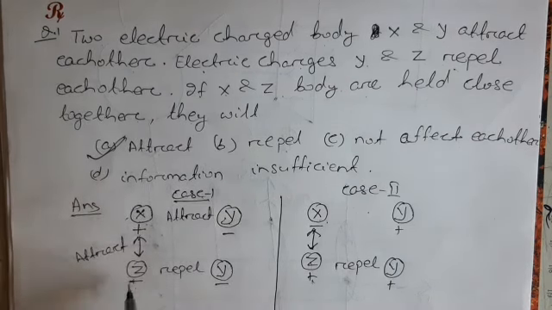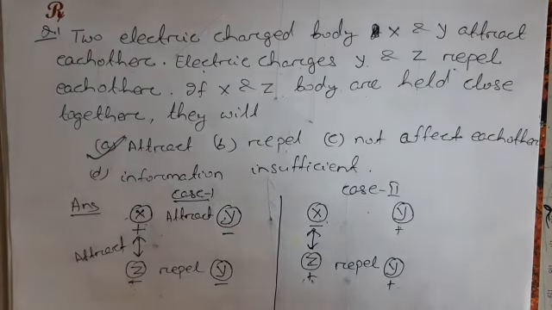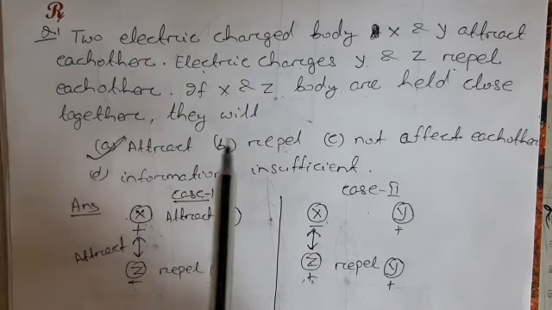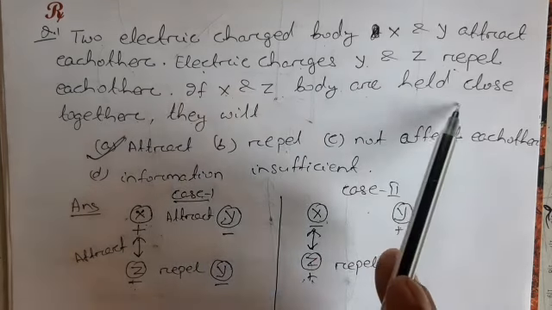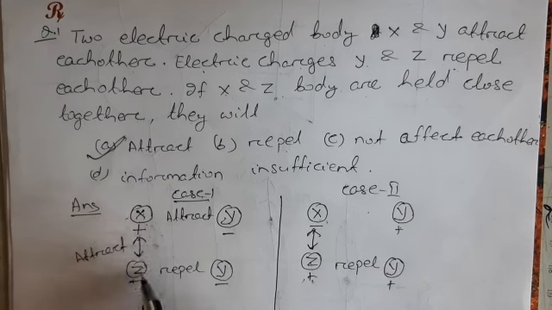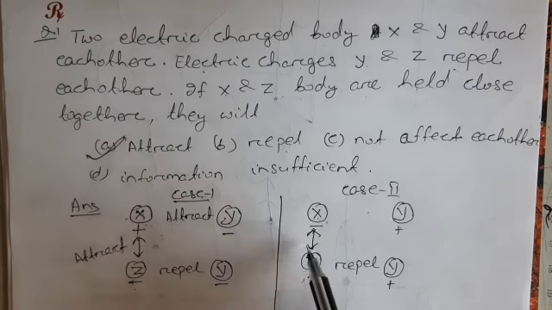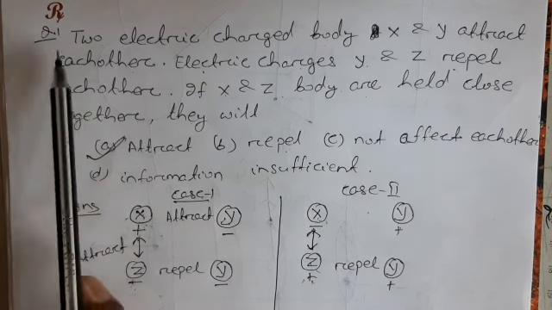So I have taken z negative in case 1, and in case 2, y positive, so z positive. As they are like charges, they will repel. Then it was asked that if x and z bodies are held close together, they will attract, since x and z have opposite charges. This is the concept of question number 1.